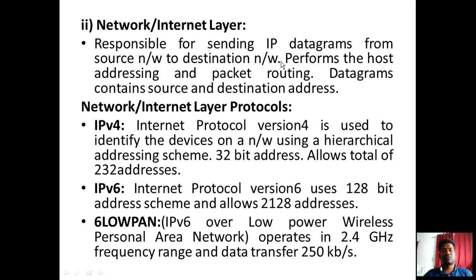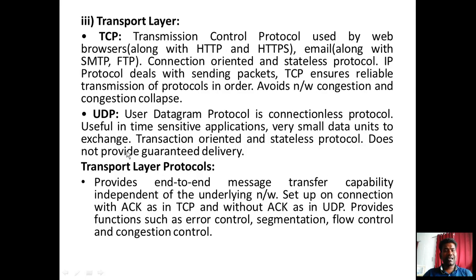If you have the correct IP address for your system, you are able to access the internet. Otherwise, you are not able to access the internet. So the only difference is IPv4 uses 32-bit addresses and IPv6 uses 128-bit address schemes.